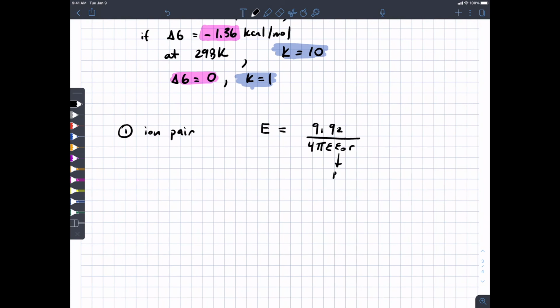Epsilon naught is the permittivity of a vacuum, and then this number epsilon here is something called the dielectric constant, and it's related to how much more or less permittivity a particular medium has relative to a vacuum.